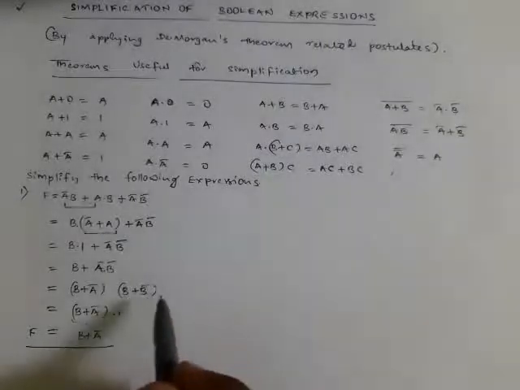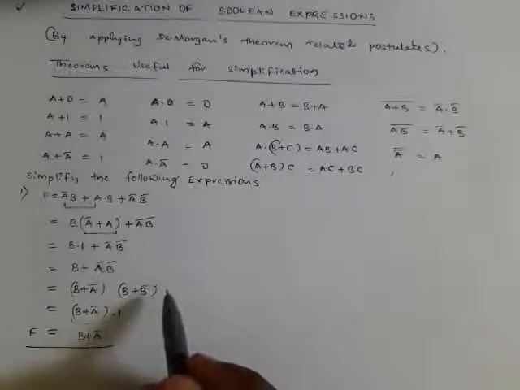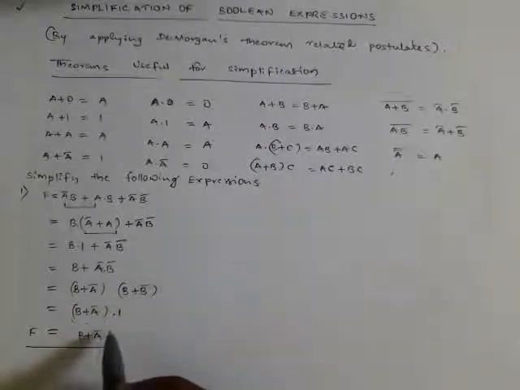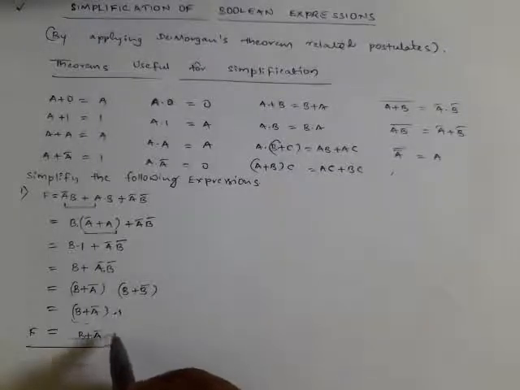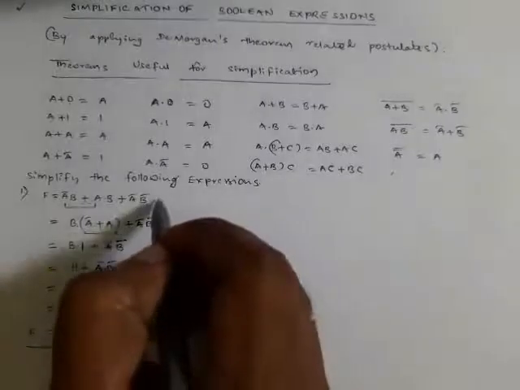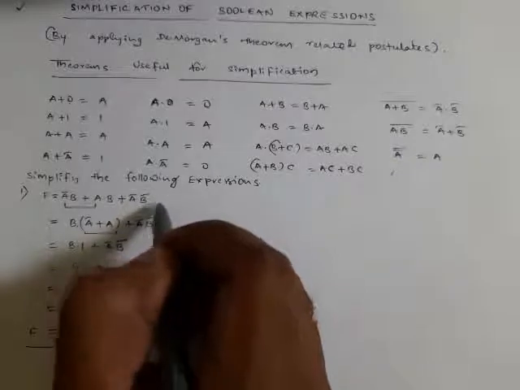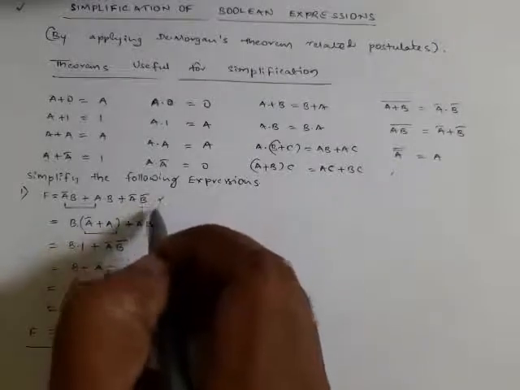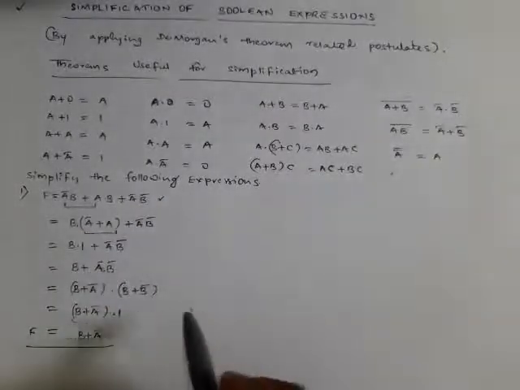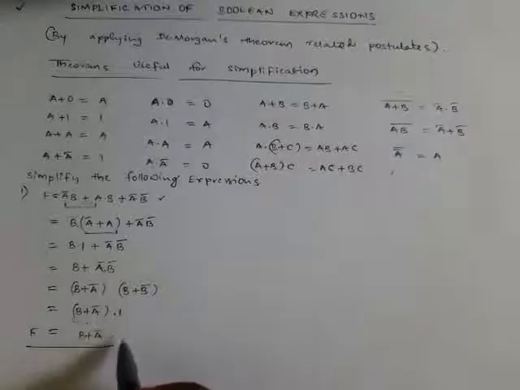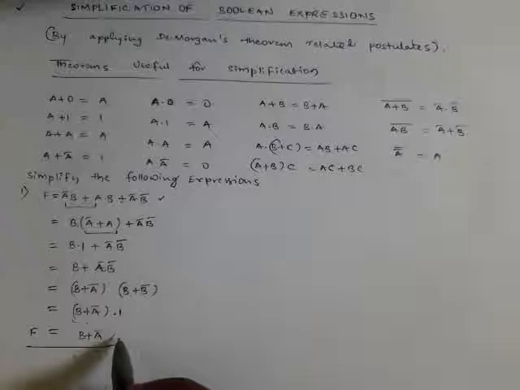Now constructing a logic circuit for this expression will take fewer gates compared to constructing a logic circuit for the original expression. When a logic circuit takes fewer logic gates, it costs less.